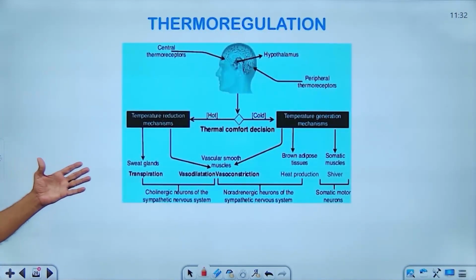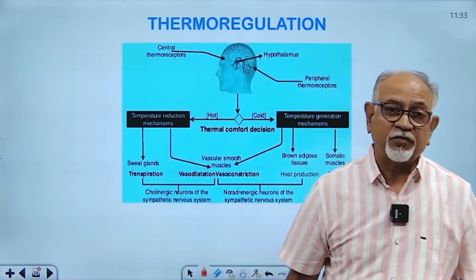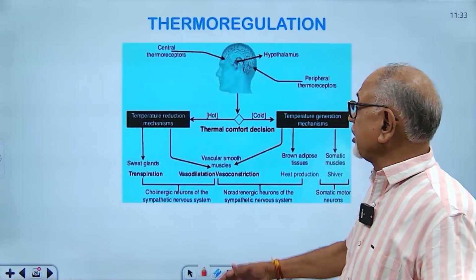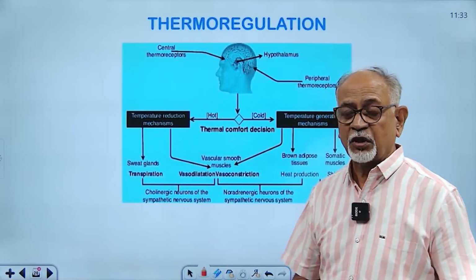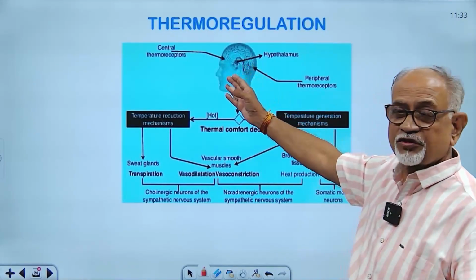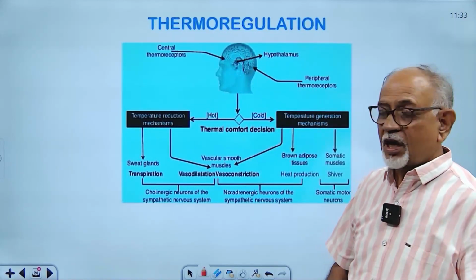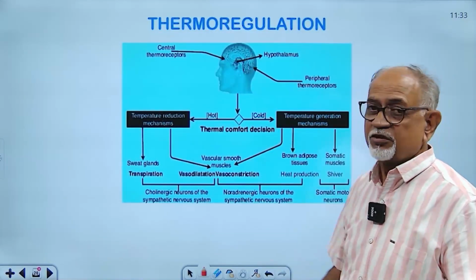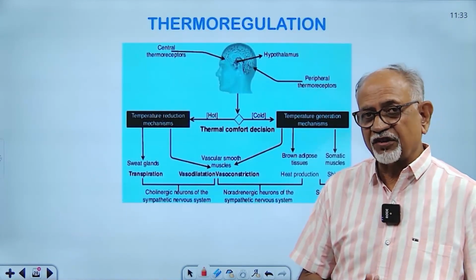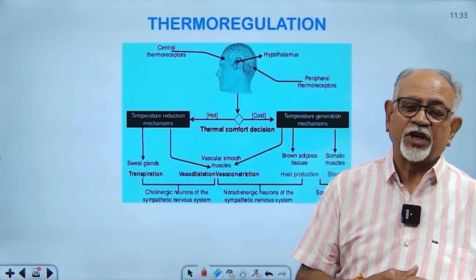Now here you can see how the skin performs an important function of thermoregulation. When there is extreme hot condition, the message is sent to the thermostat, which is situated in the hypothalamus of the brain, and from there a message is sent to the sweat glands, where vasodilation occurs in the skin arteries and a large amount of sweat is formed.